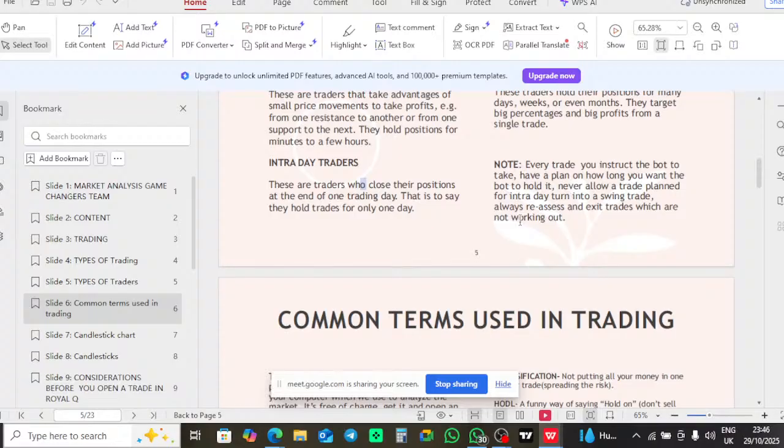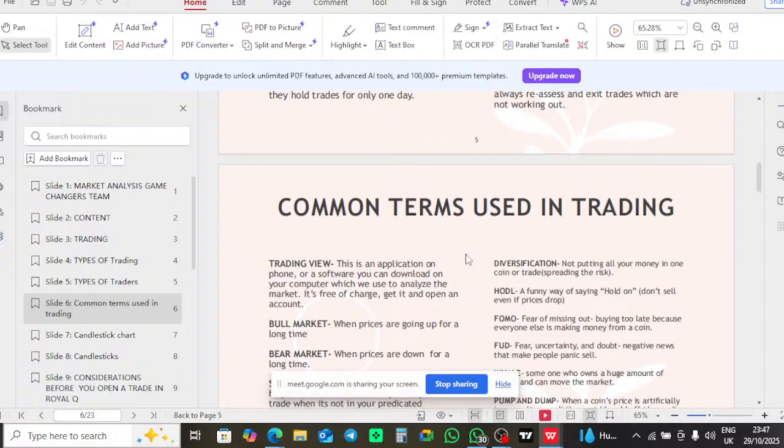You go and check: can I exit from here? Where can I put my stop loss? Go and assess the market, and see where you think the market is going. If it has refused, then you can look for another way. You get the point? That means you should create time for checking the chart. Are we together?